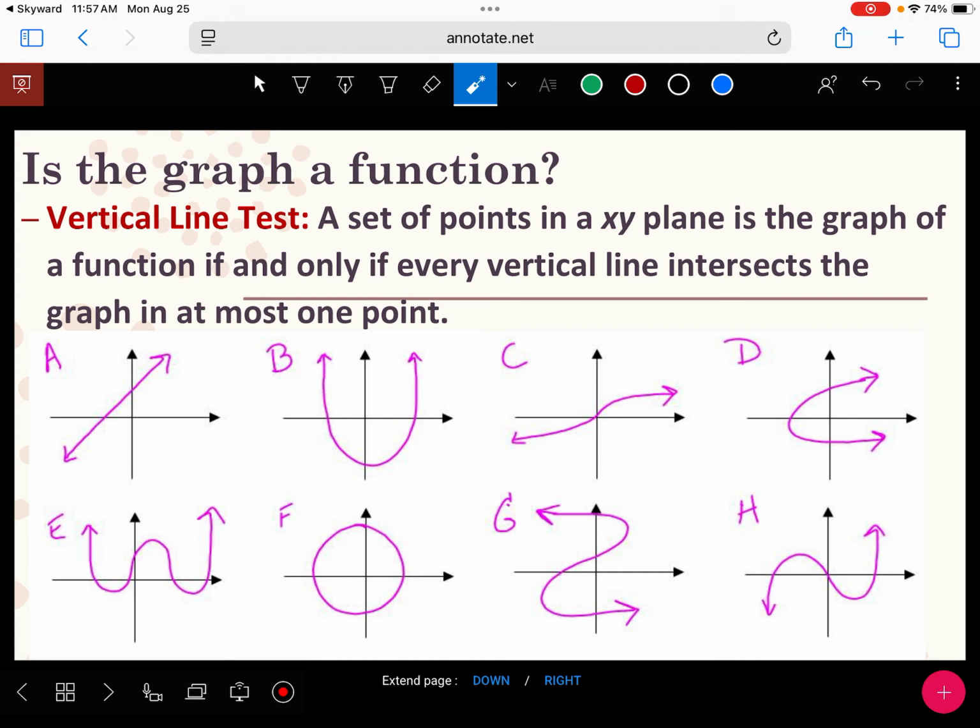And we already talked about this in 2.1. So 2.2, this is an overlap. So looking at these 8 graphs, see if you can figure out which ones are functions. And you can just put yes and no.